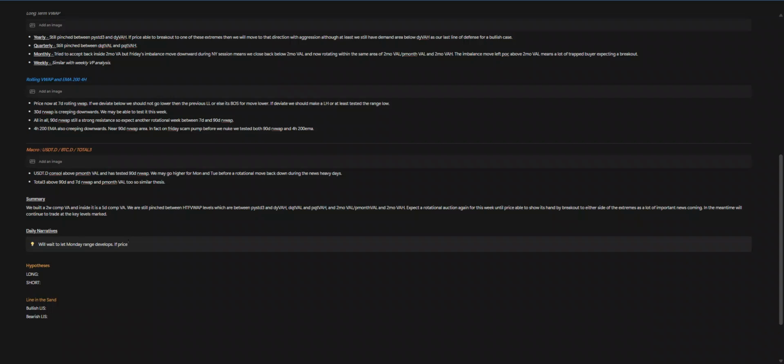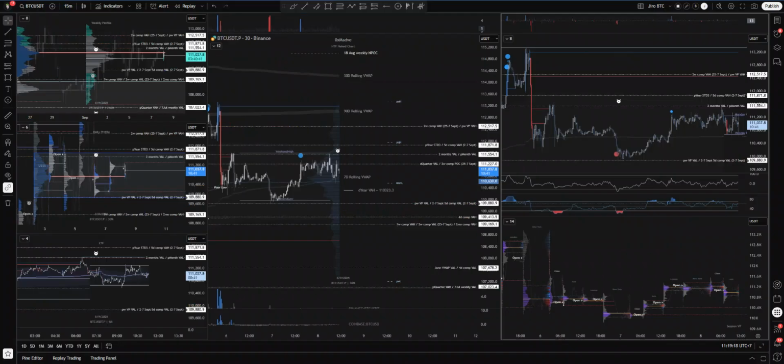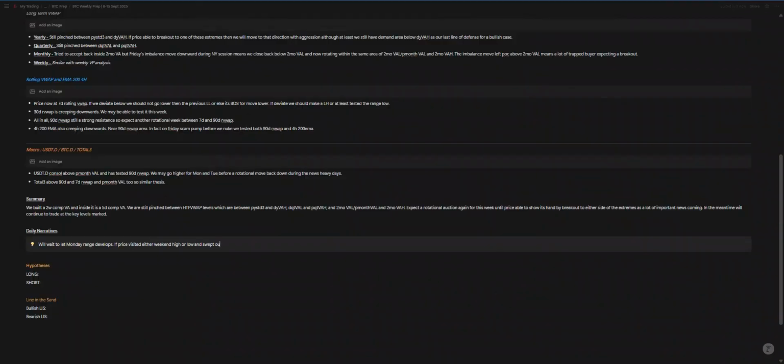If price visited either weekend high or low and swapped our key levels, we'll bid targeting the opposite extremes.